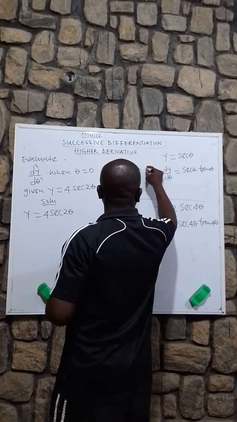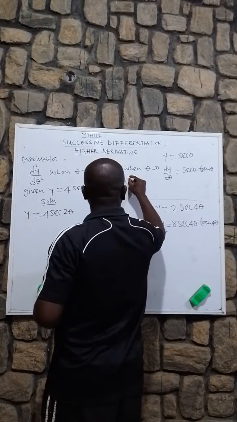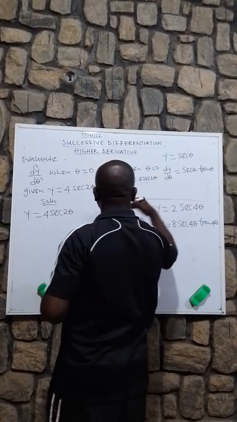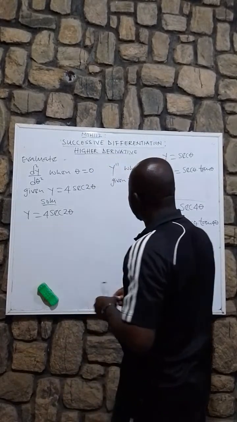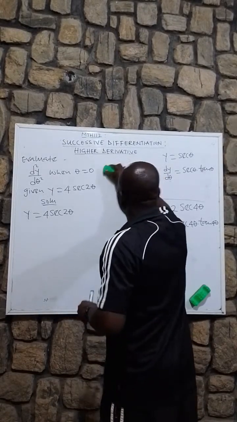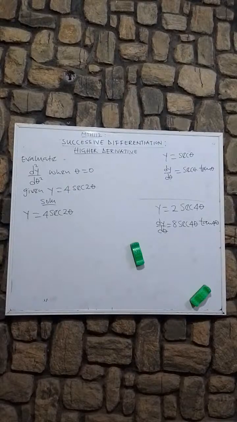Please take note. It means we are going to find the value. We'll differentiate this function up to how many times? Twice, because of what is here.